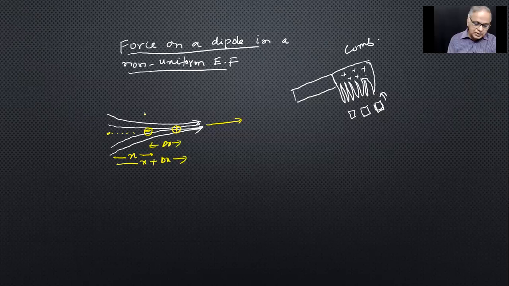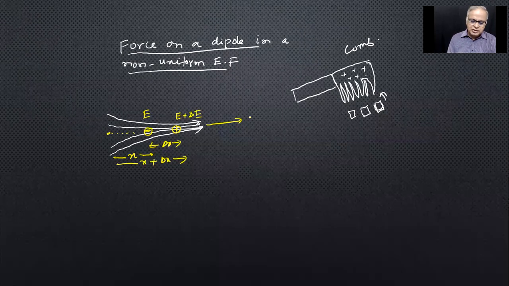E here is E, and there it is E plus delta E. Naturally, at X it is E, at X plus delta X it is E plus delta E. Just mathematics. Along the X-axis we took. Do you follow?